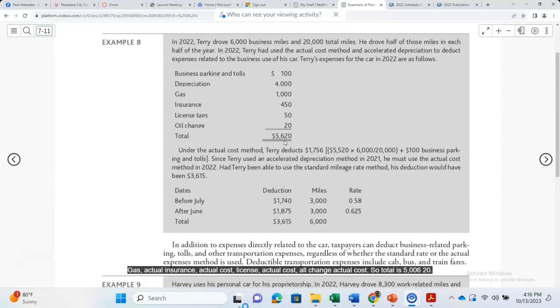So the total is $5,620. Under the actual cost method, Terry deducts $1,756. It's 6,000 out of 20,000, which gives you a ratio, and that ratio multiplies with 5,620.